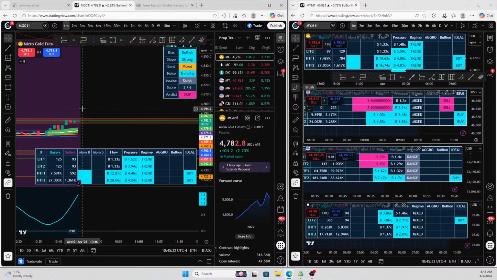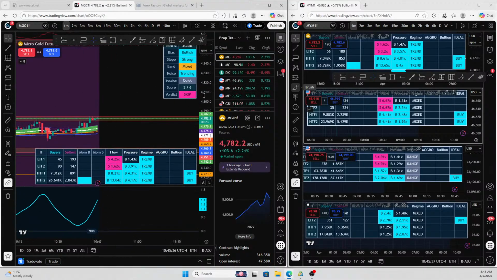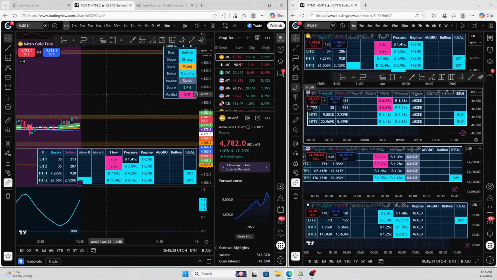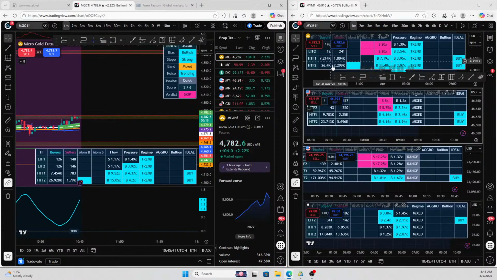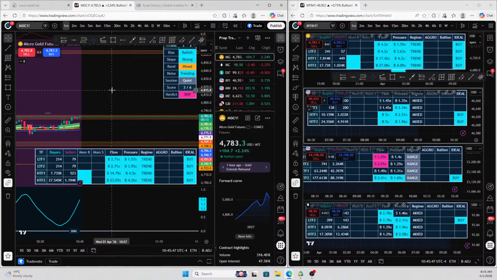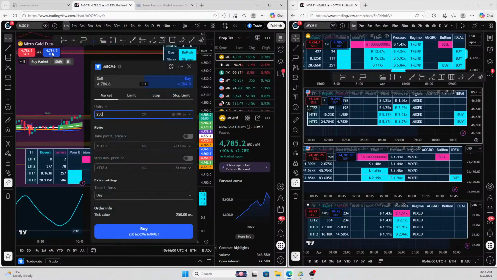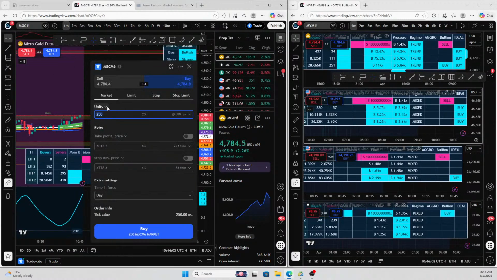If this breaks and closes above this level, we can try to take a long trade. But we want to see volume clearly dominating one side. Okay, so we're going to go here.